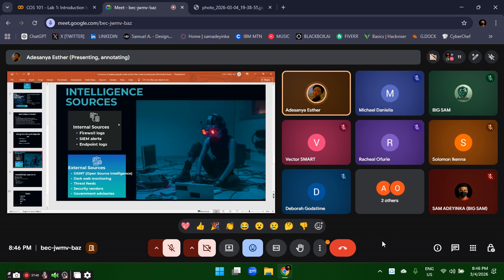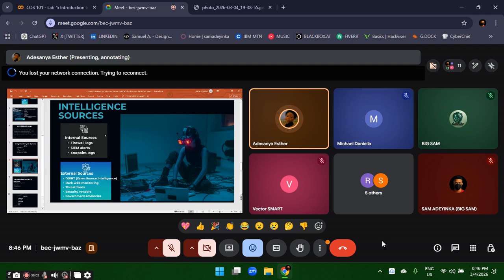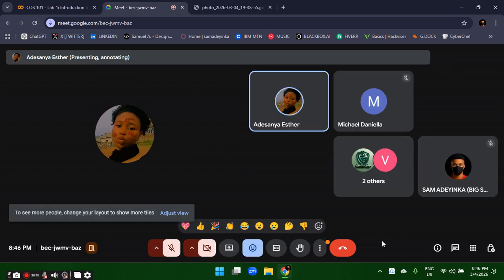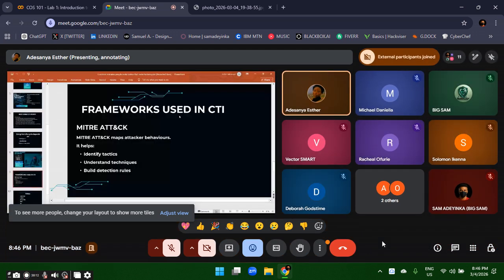We have dark web sources. It helps with identifying tactics, understanding the techniques, and building detection rules.